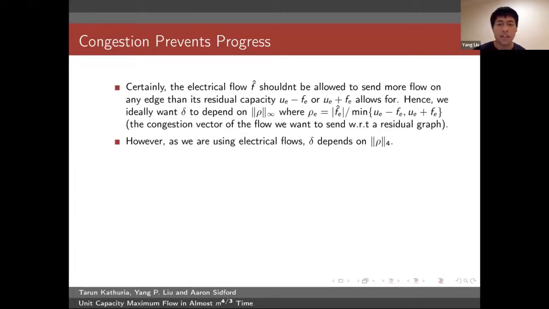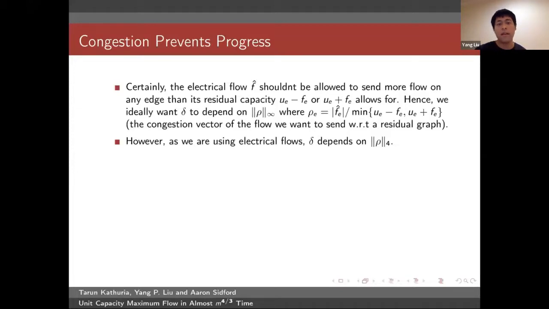Normalized, you define the congestion vector as the value of flow I want to add on an edge divided by the residual capacity. Then as long as the infinity norm of this congestion is at most something like 0.1, adding the flow will not change any residual capacity by more than a constant factor. And therefore, we can add it successfully.